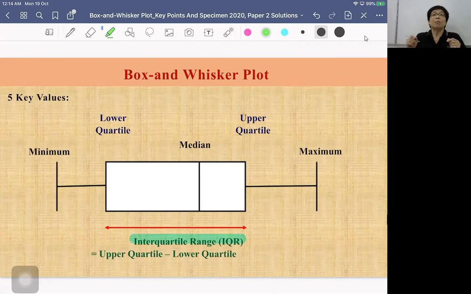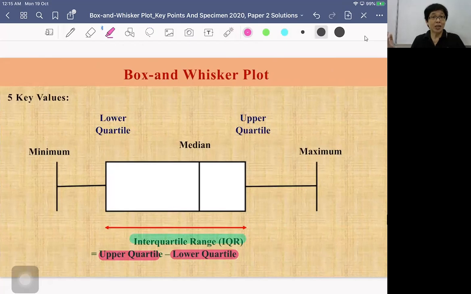Interquartile range means you take the higher value minus the lower. I did not say the highest minus the lowest. So we are not taking the maximum minus the minimum, but in fact we take the upper quartile minus the lower quartile.